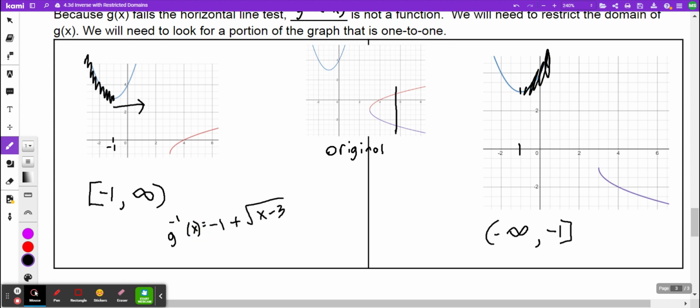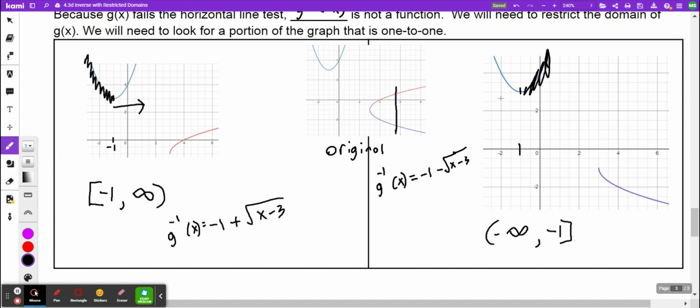And this one, the inverse, would equal negative 1 minus the square root of x minus 3. So if we wanted to plug it in, that's what it would look like.